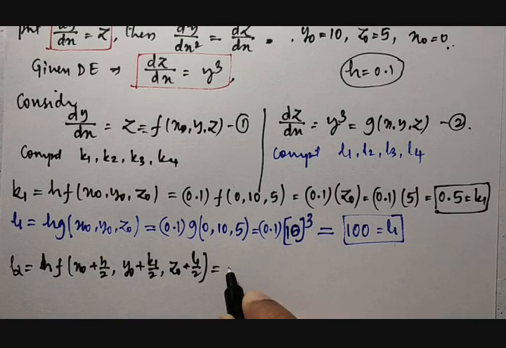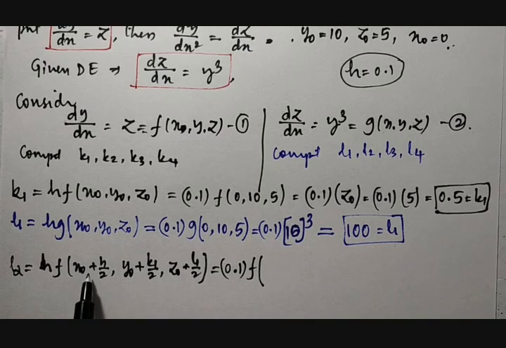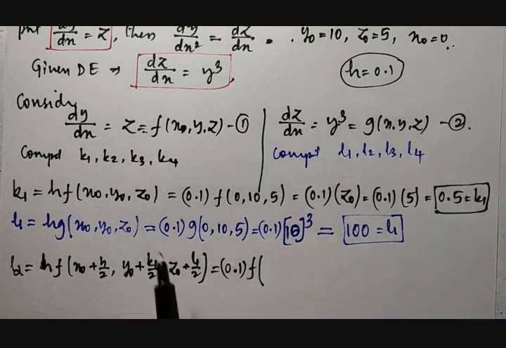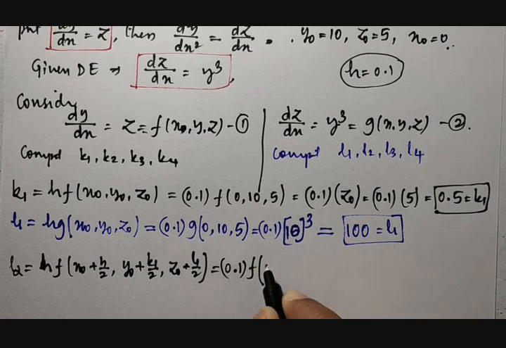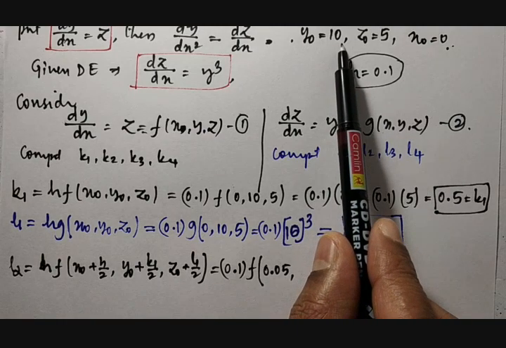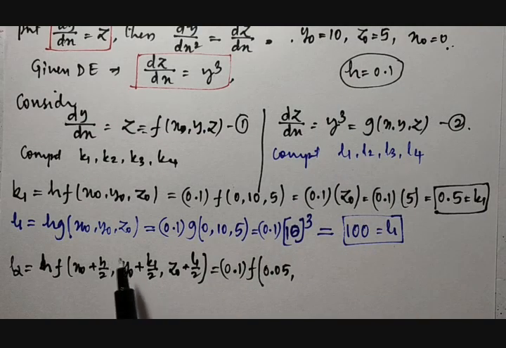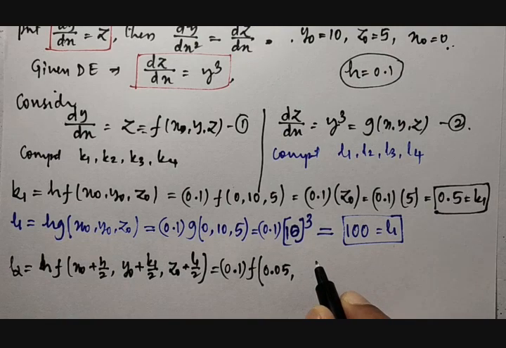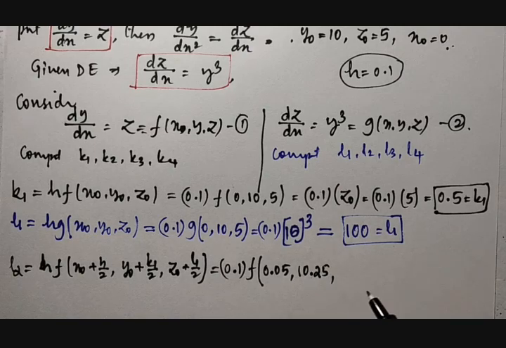That is equal to 0.1 into f of x naught is 0, 0 plus h is 0.1, so it is 0.05, comma. Then y naught is 10, 10 plus k1, what is k1? 0.5, 0.5 by 2 is 0.25, so it is 10 plus 0.25 is 10.25.